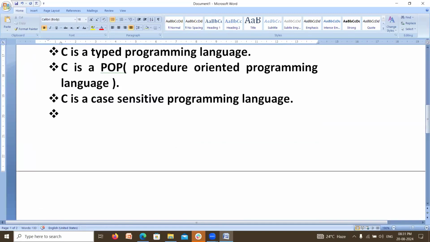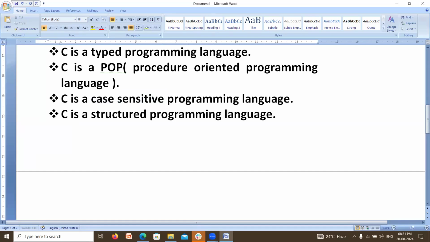C is a structured programming language. Structured programming language means suppose there is a program which is too big in size. If the program is big, then we can split it into program modules, methods, functions.